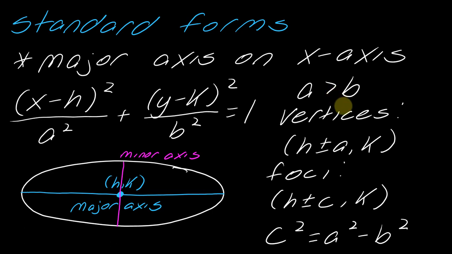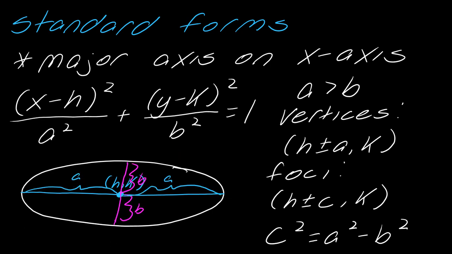And so the vertices can be found by taking h plus or minus a. So this a is actually describing a distance. This is a squared, so you take the square root of this number. So this a will go out this way, and that will get you a vertex, which will be h plus or minus a. And then this b is describing the minor axis.